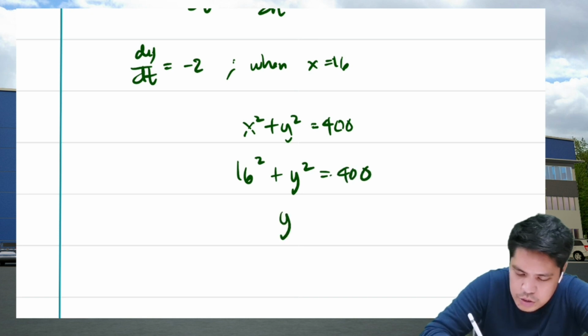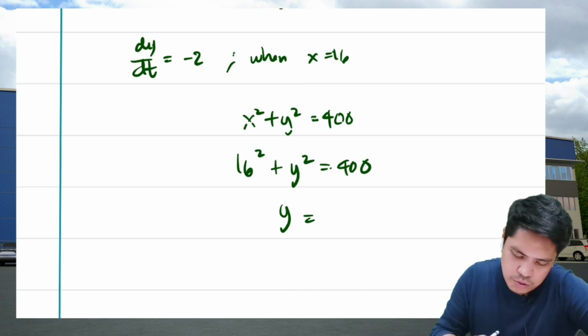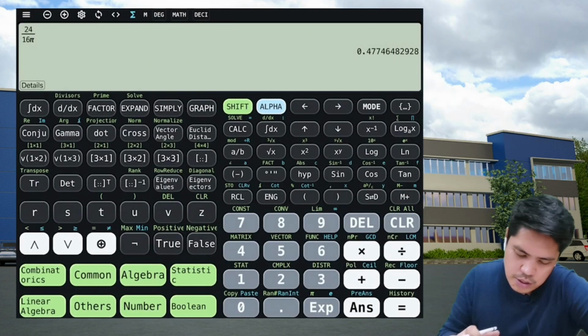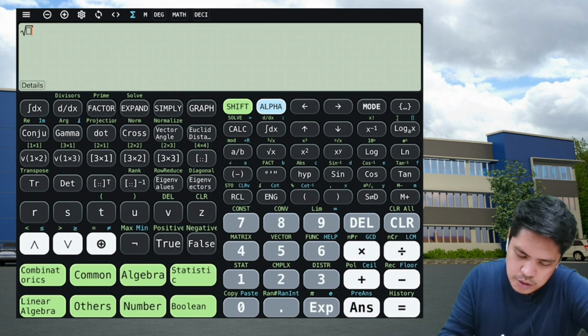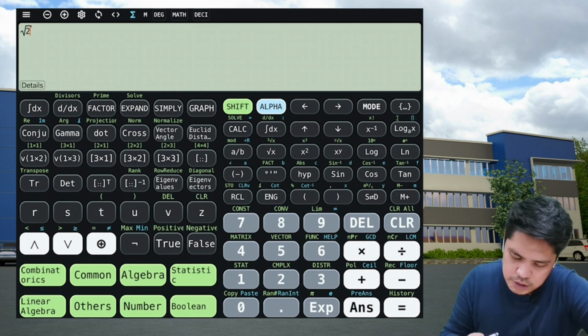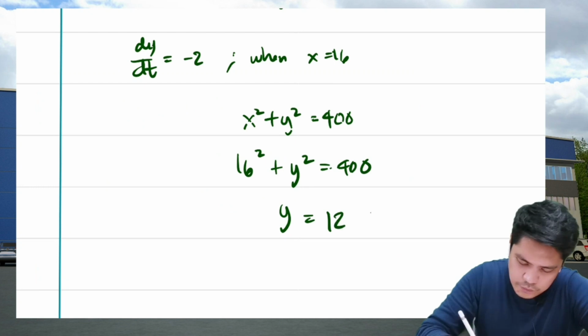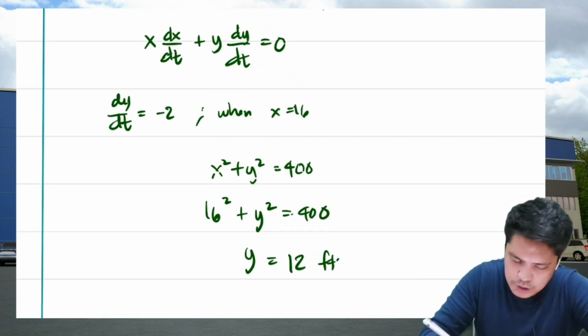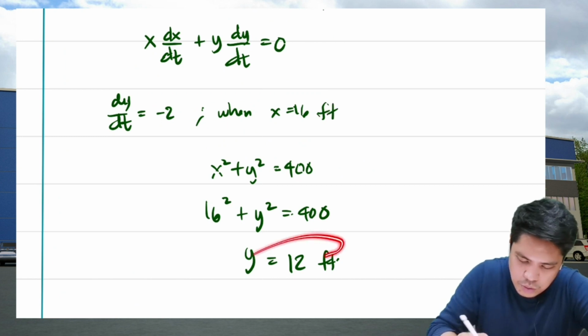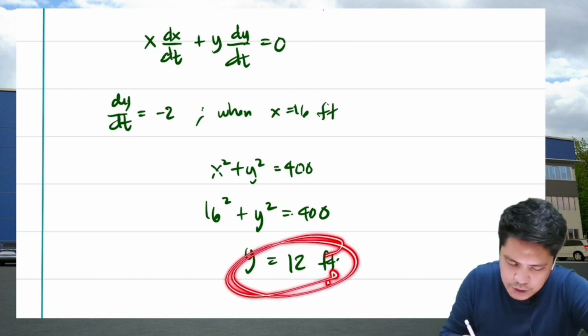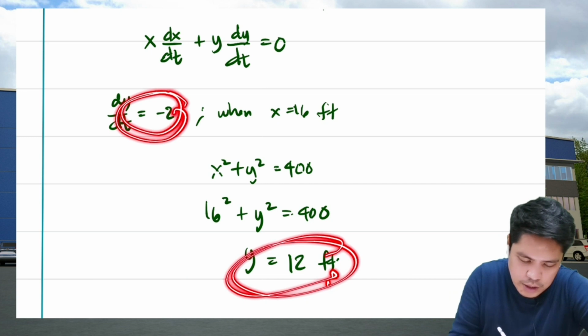So y is the square root of 20 squared minus 16 squared, which is 12. So y is 12 feet. So when x is 16 feet, y is 12 feet. And the rate of change of y is negative 2.